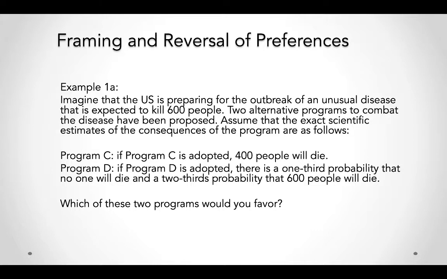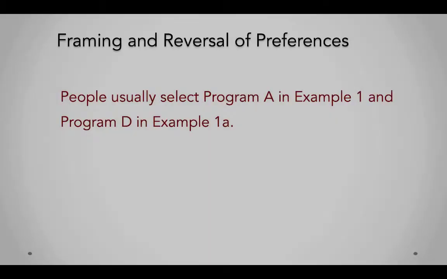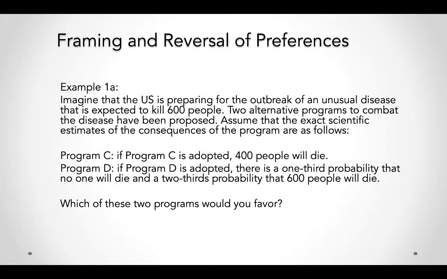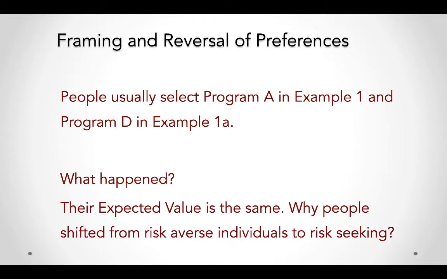Now, obviously you notice that programs A, B, C, and D are exactly the same in mathematical terms, right? 200 people will be saved means 400 will die, and so are the probabilities if you calculate them. People usually select program A in example 1 and program D in example 1A. So they go for the gamble in example 1A, and they go for the sure gain of 200 people saved in the first example.